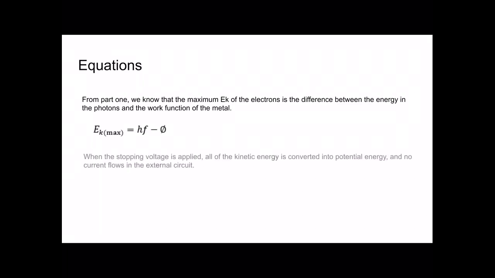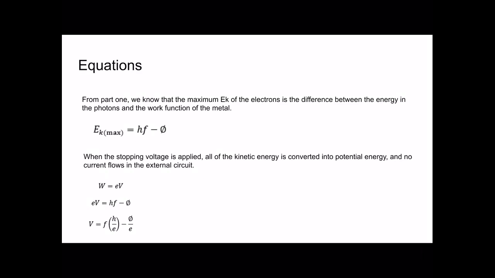When the stopping voltage is applied, all of the kinetic energy is converted into potential energy. This is because the electron does not reach the collector plate. If the electron does not reach the collector plate, all of its kinetic energy is going to become potential energy. So we know that the work done is equal to eV.